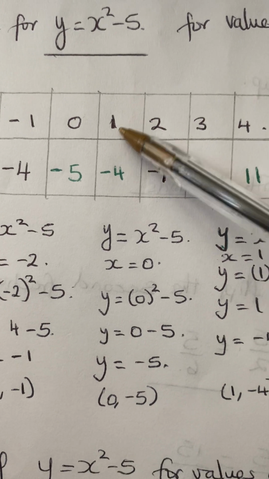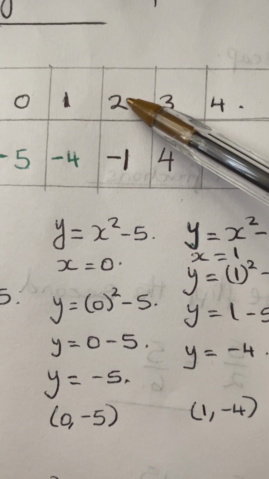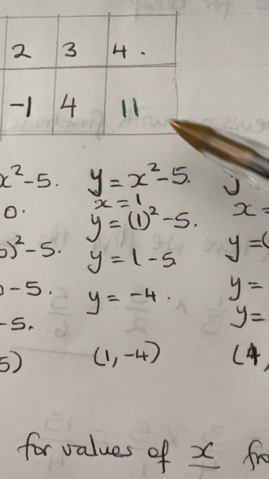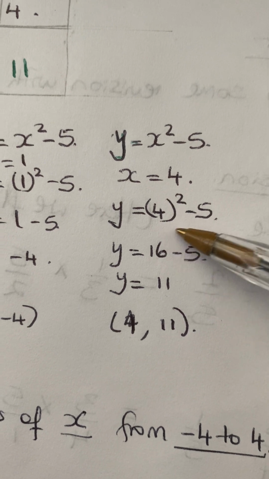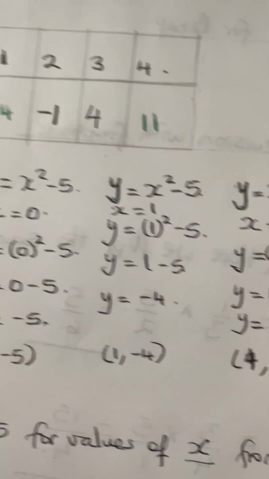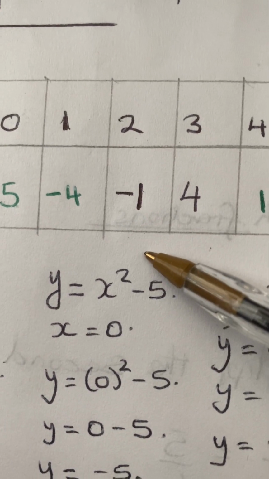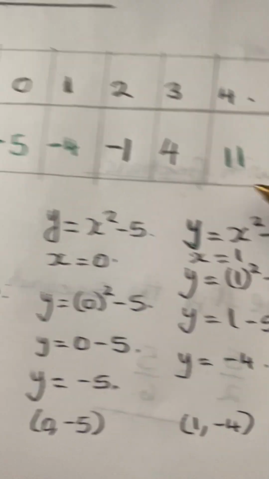We've done one. So when x is 2, 2 squared is 4 minus 5. We've been given the 3, so we'll do the 4.